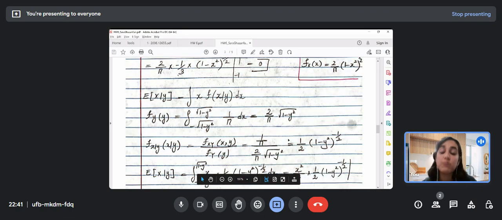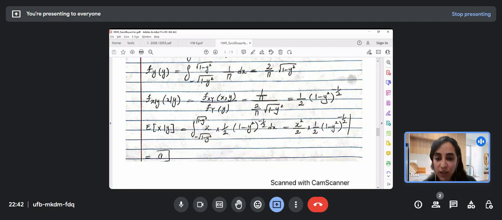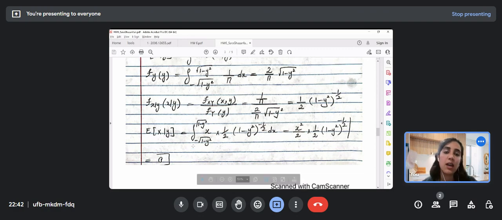Now, because we have the probability density function of x given y, we can calculate the integral of x times f of x given y. After doing some calculations, we get 0.